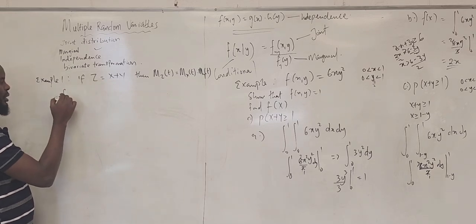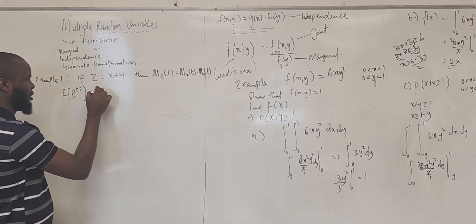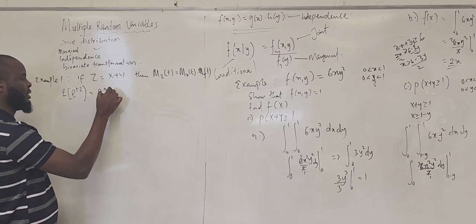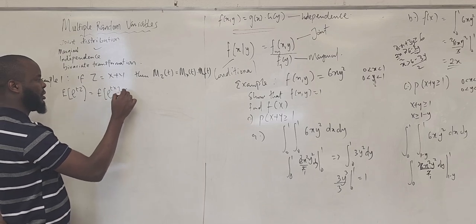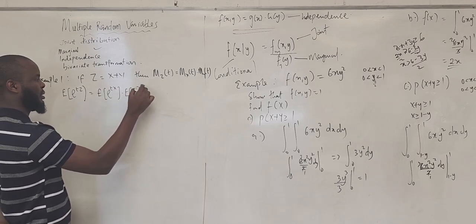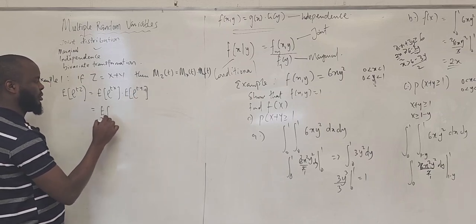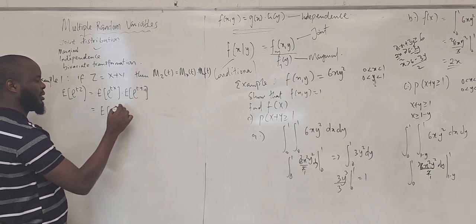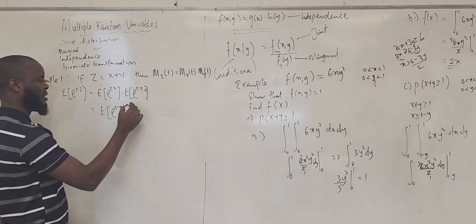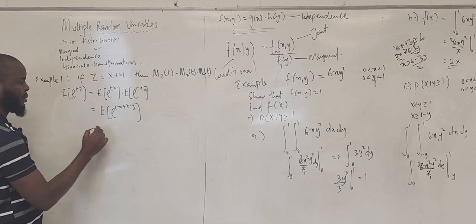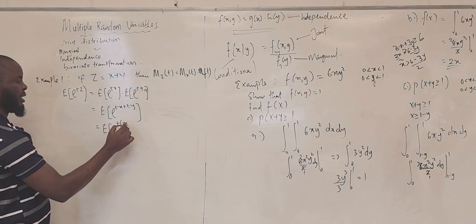Here we have e to the power of tz equals e to the power of t(x plus y), which is e to the power of tx times e to the power of ty, by the rule of indices. And here we have e to the power of t(x plus y).